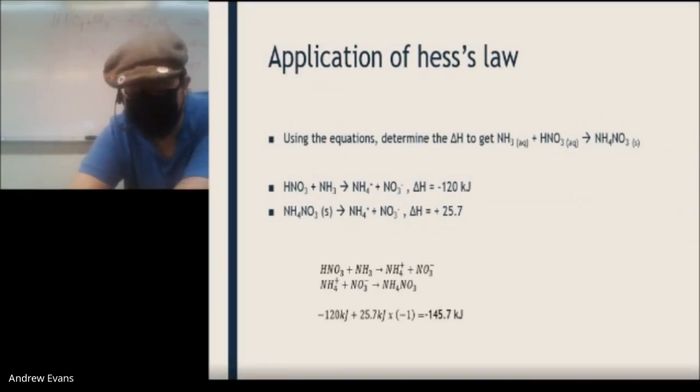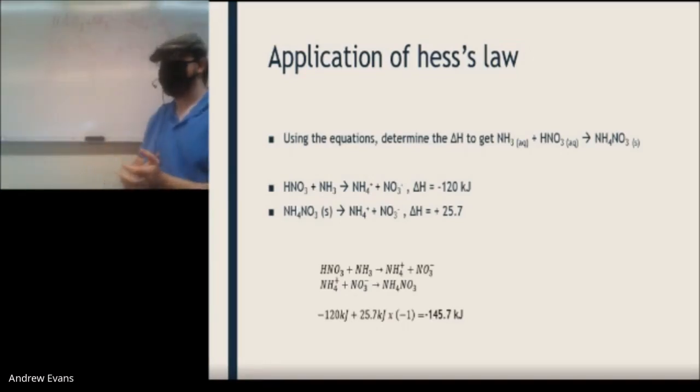Now, this is essentially what we're going to do in lab. We are going to use calorimetry and Hess's Law to determine a reaction that is going to be a little bit harder to calculate for.